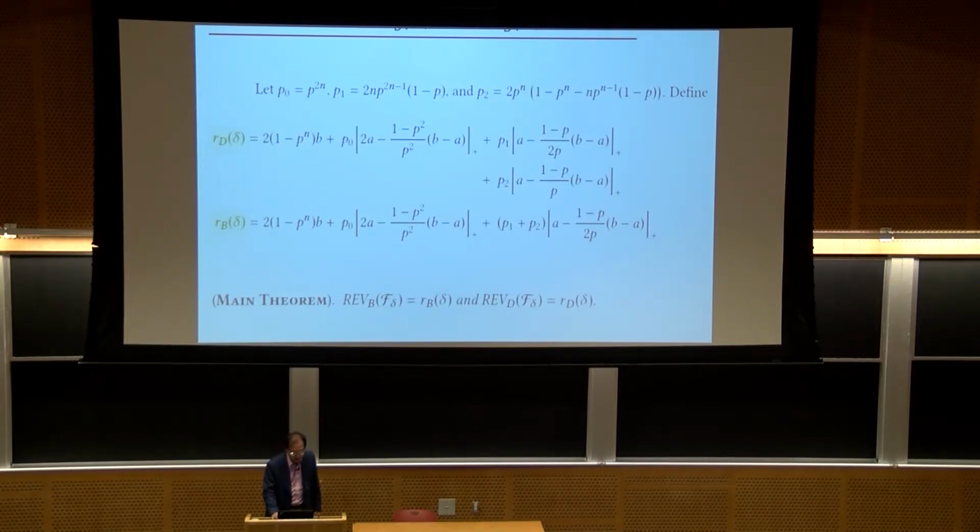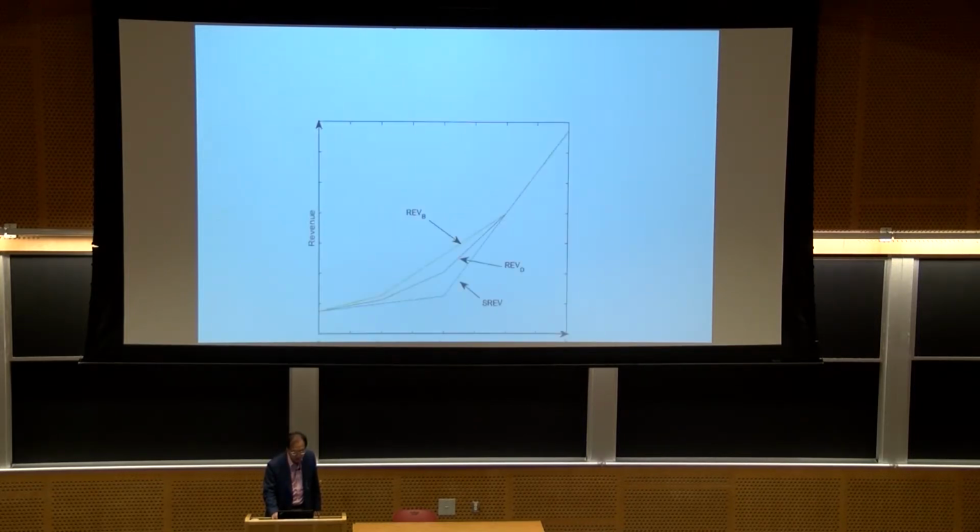So this is the quantitative form of the main theorem. The first corollary of this expression is that BIC is equal to DIC if and only if selling separately is optimal.